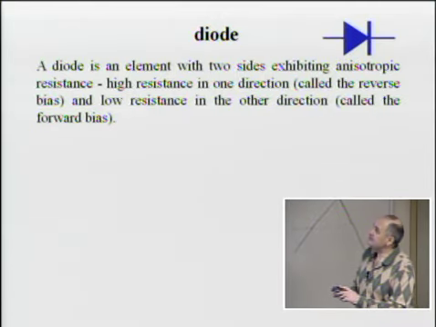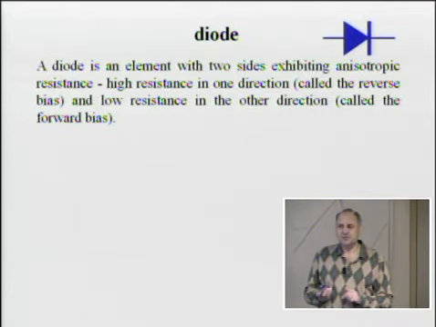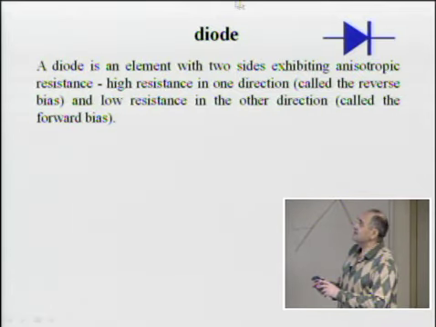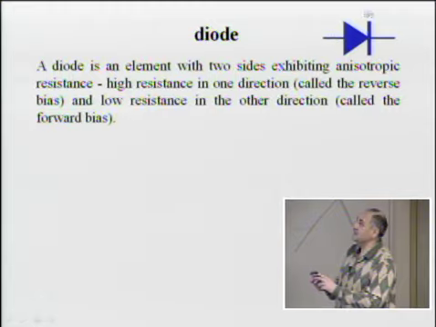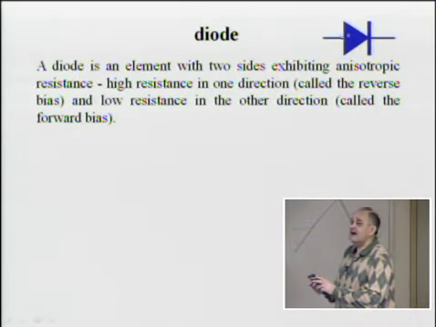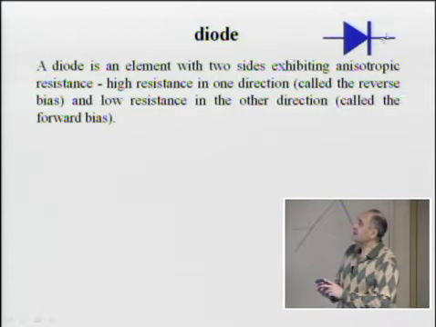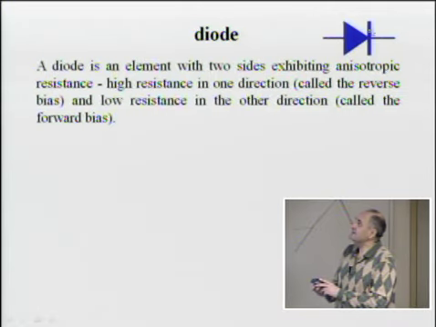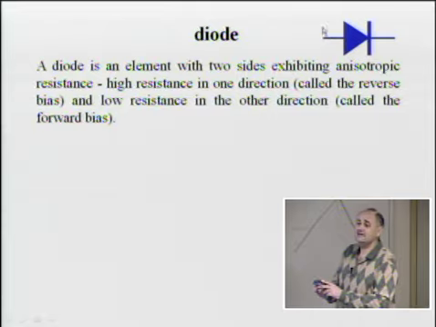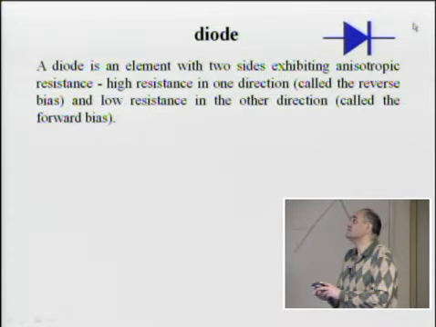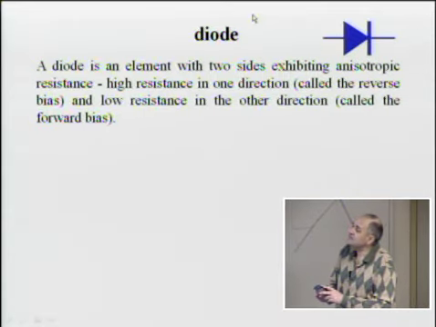If the diode is forward biased, and forward bias means, consistently with the symbol, that we have higher potential on this side than on that side, the diode has low resistance. If potential on the right-hand side is higher than potential on the left-hand side, the diode has high resistance. You can think about it as conducting this way and insulating the other way.